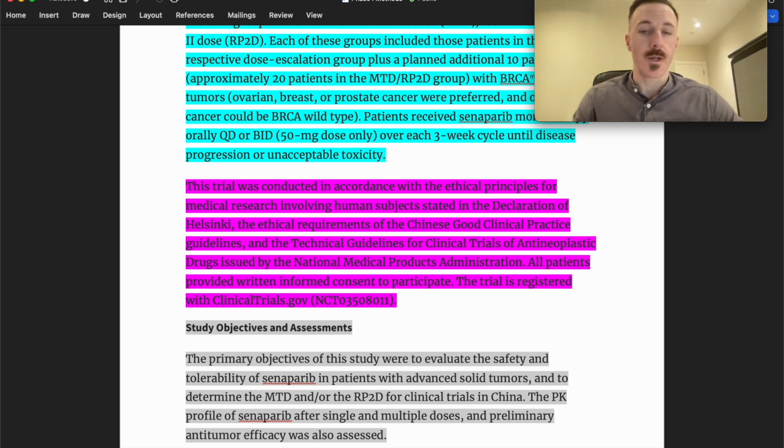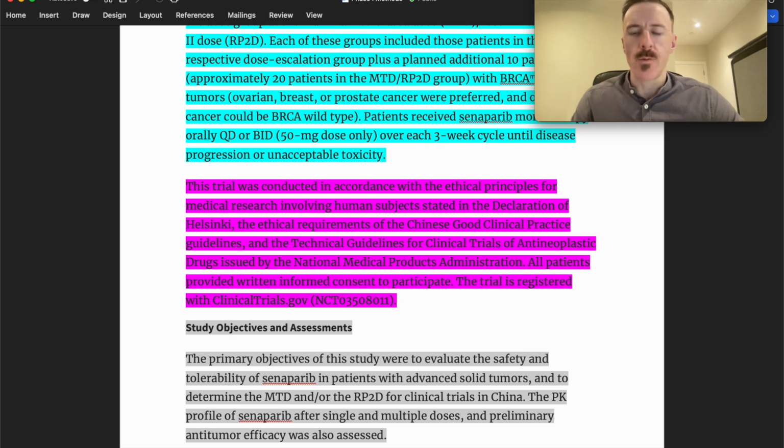So for the present study, we can see that the trial adhered to ethical standards, including the Declaration of Helsinki. We have some regional, i.e. Chinese-specific clinical practice guidelines and the technical guidelines for clinical trials of anti-neoplastic drugs.